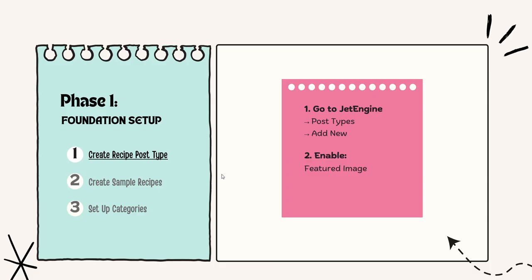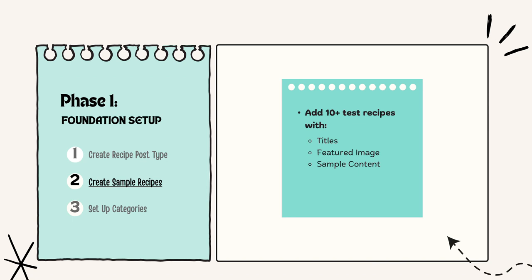Okay, let's go to the next step, which is create sample recipes. I'm going to skip this part. I'm not going to show you the part where I'm adding 10 recipe samples.